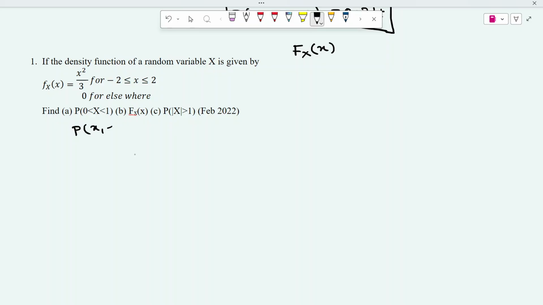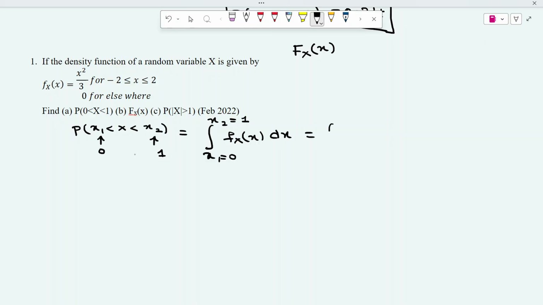Probability of x1 less than x less than x2: we have to integrate the density function between whatever range is given, from x1 to x2, f x of x dx. So here x1 is 0 and x2 is 1.